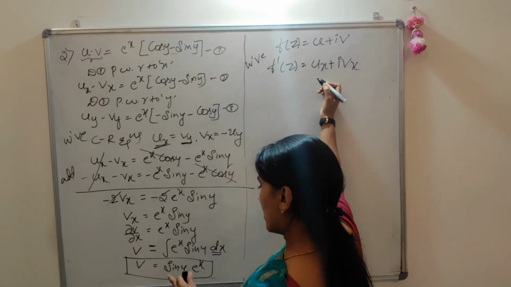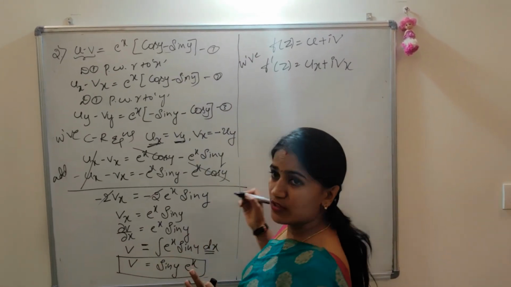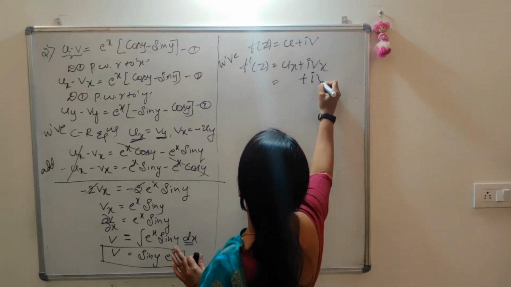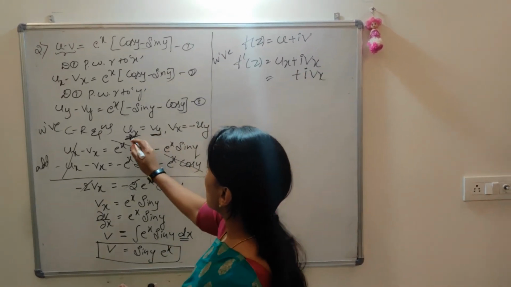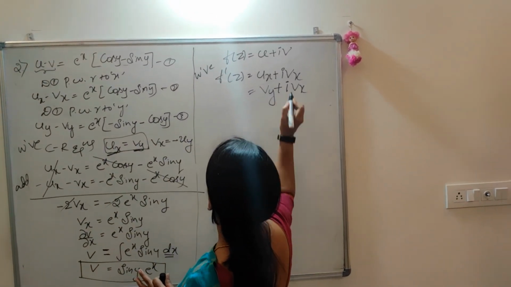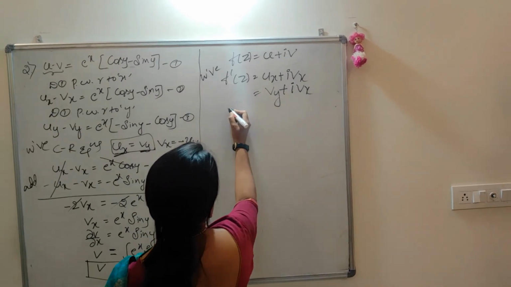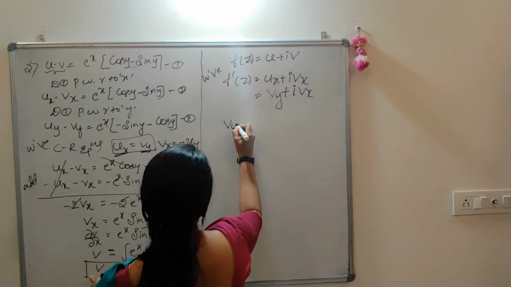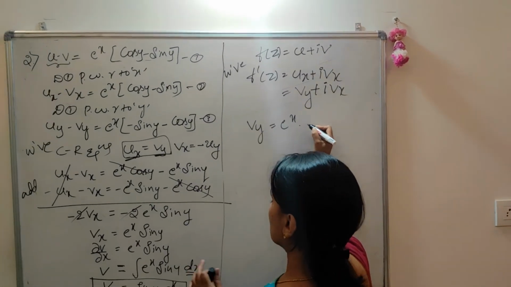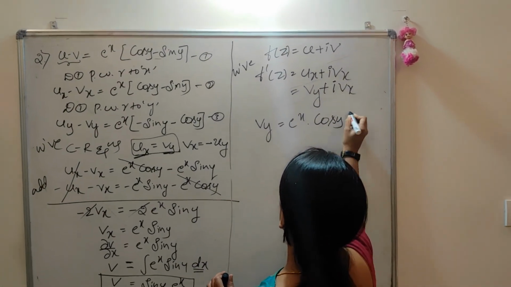So here we have v, so easily we can find vx. So ux is equal to i into vx. But from the CR equation ux is equal to vy, so I will replace it by vy. So vy, with respect to y means e power x is constant, and the differentiation of sin y is cos y.